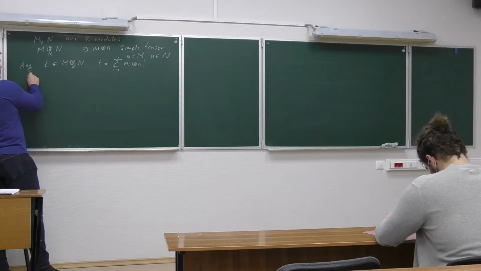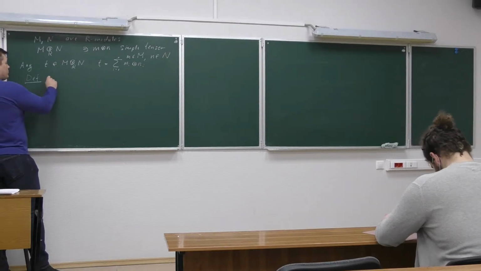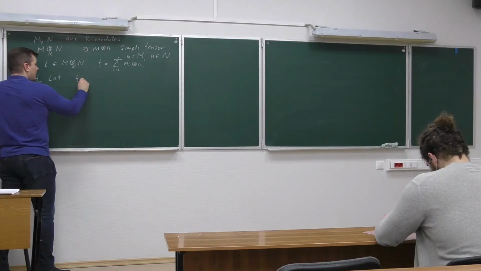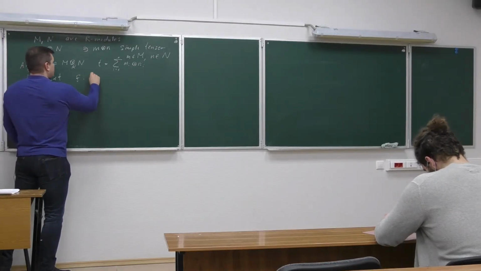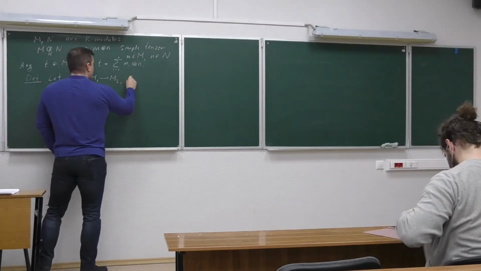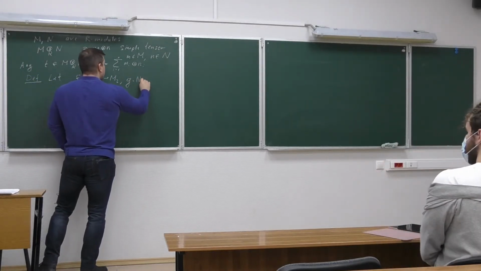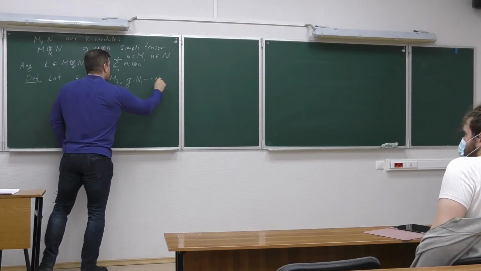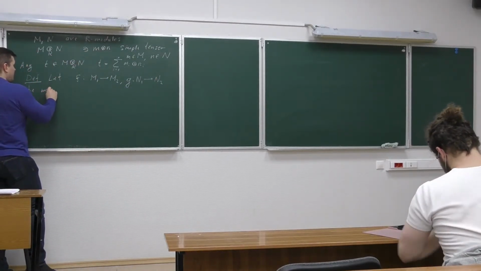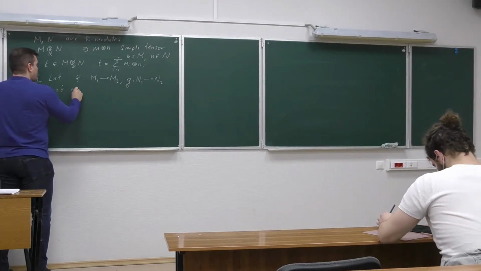For example, you can give the following definition. Suppose you have now several modules and a couple of maps. So let F be a map, say from M1 to M2, and also have G, which is a map of modules N1 and N2. So let F and G be maps of modules.